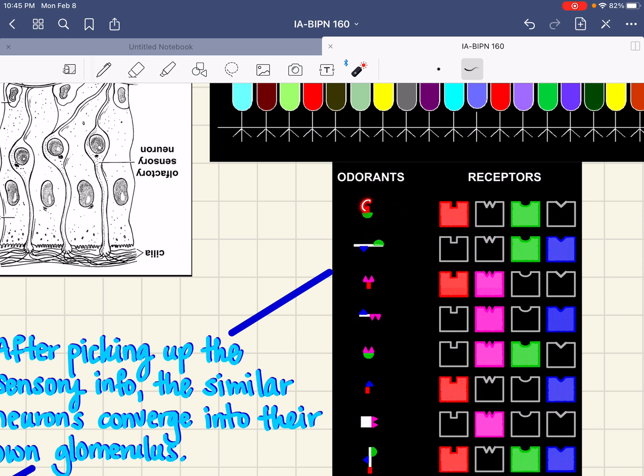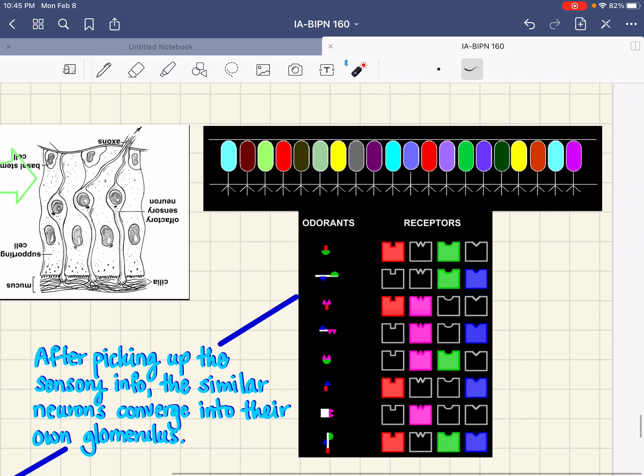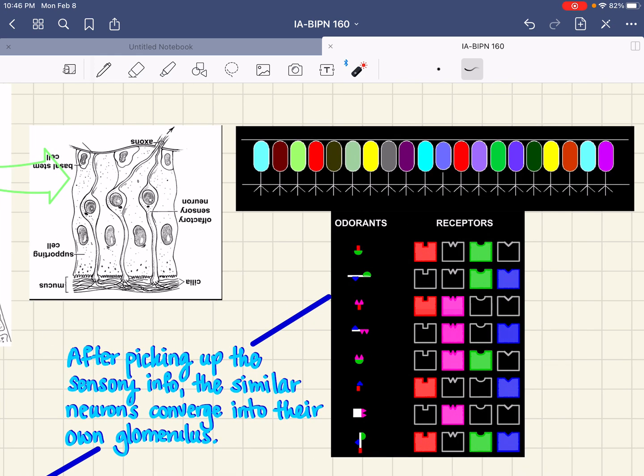By doing so, the olfactory system is called a combinatorial system, because different receptors can respond to the same odorant. And that will give us a well-rounded idea of what exactly we are smelling.